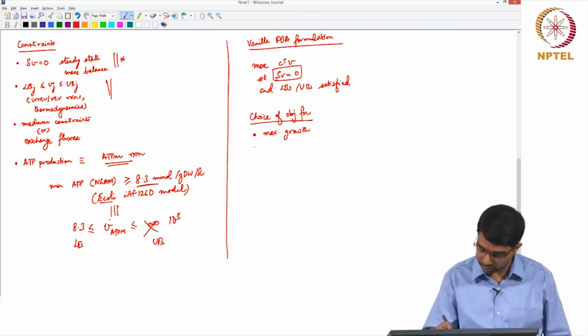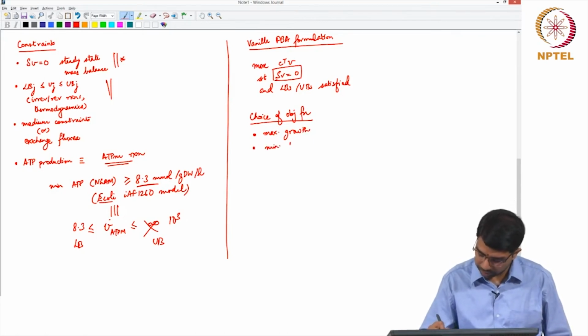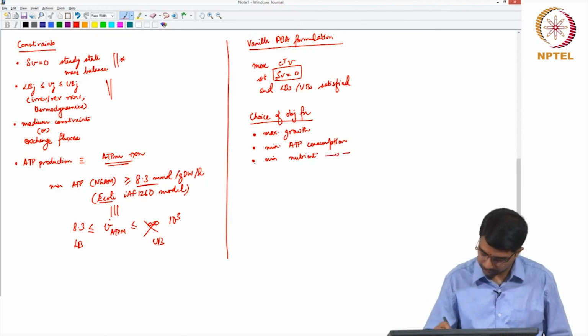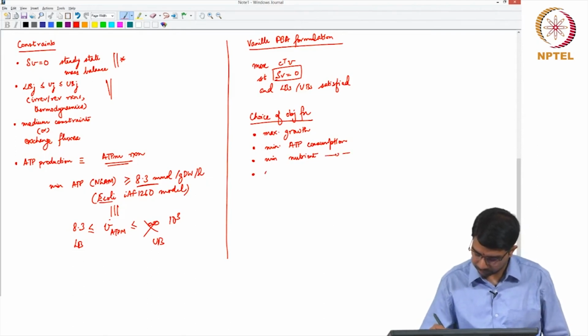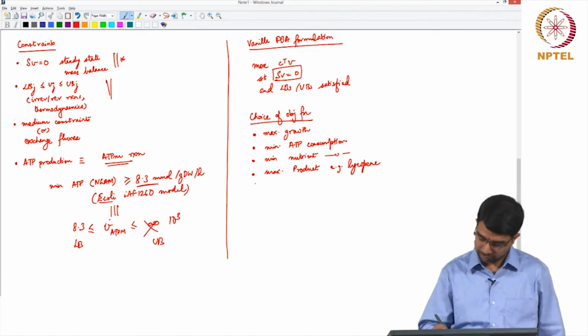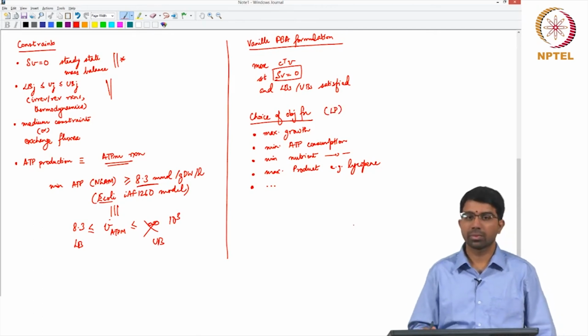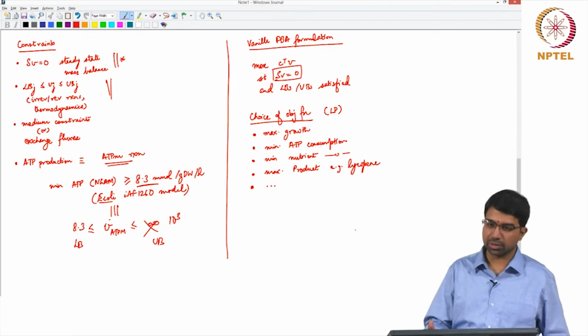Maximize growth, or minimize ATP consumption, minimize nutrient consumption, maximize some product, like lycopene. In the LP case these are the objective functions, right.